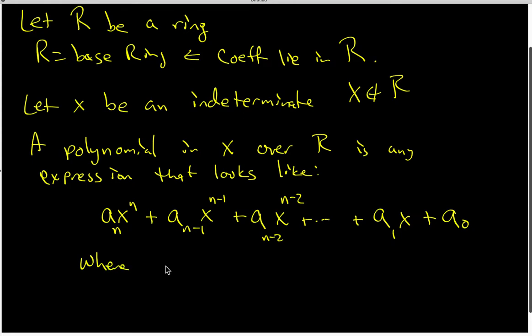And this is where the a_i's are all from my ring R, and a_n has to be different from 0, because I want this first, biggest power to not be equal to 0. And following high school, we usually call this thing p of x. Now, there's a bunch of vocabulary that you know from high school that is applicable to this particular polynomial, and that's what we're going to go through next.